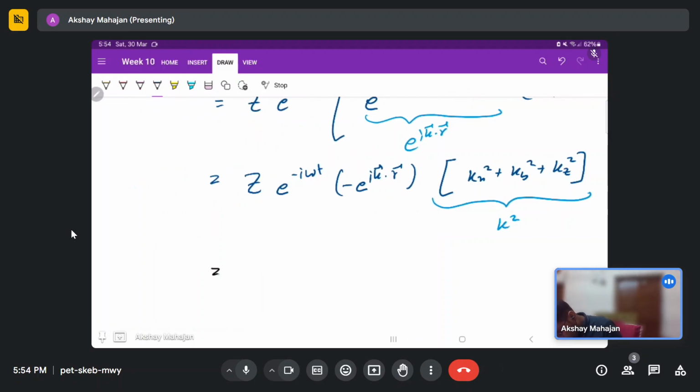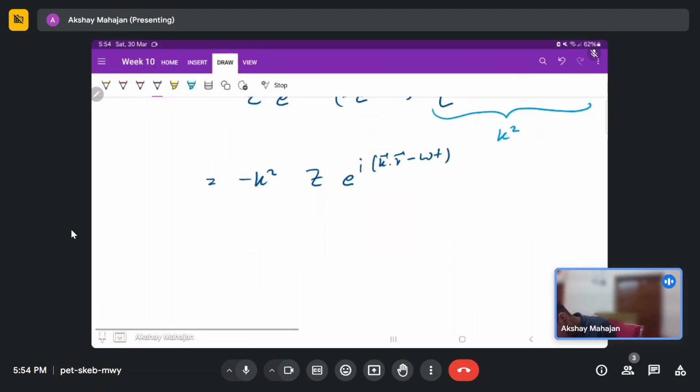So we are getting minus of k square times z e to the power iota (k vector dot r vector minus omega t), and this is going to equal our B vector.